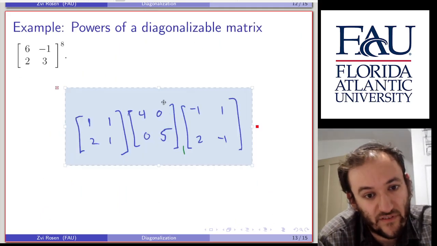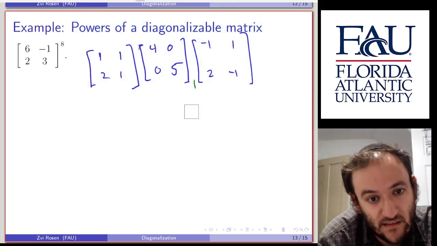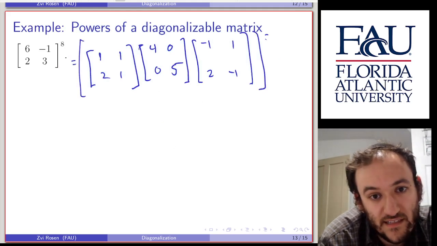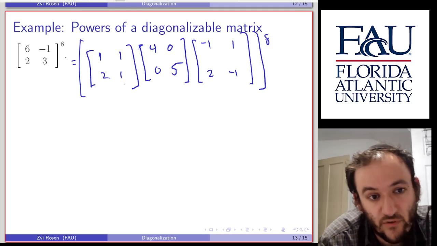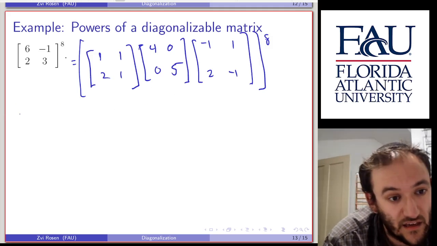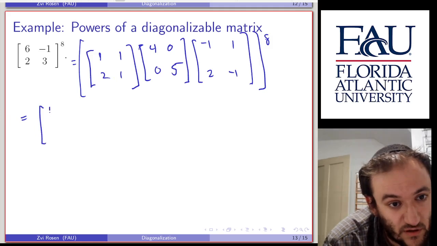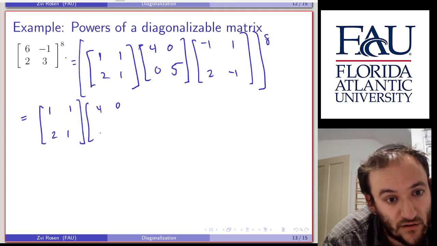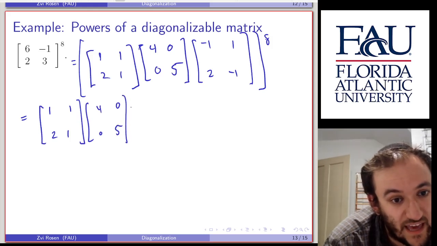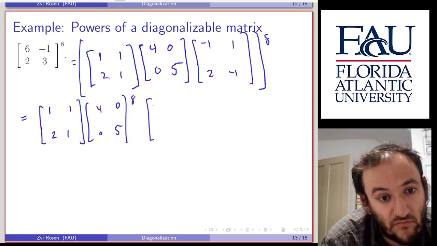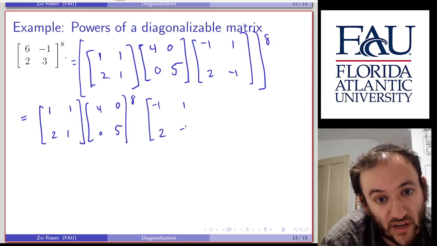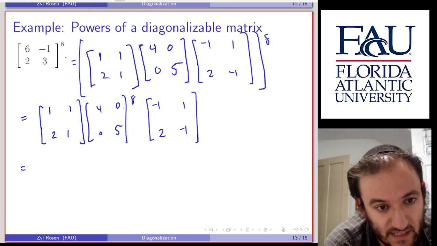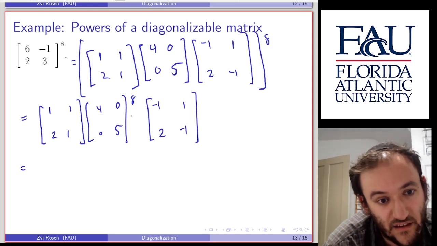This is the same as this diagonalization raised to the 8th power, but we know that the P and the P inverse are going to be canceling, so this is just equal to 1, 1, 2, 1, times 4, 0, 0, 5 to the 8th power, times minus 1, 1, 2, minus 1. And so this 8th power goes inside.